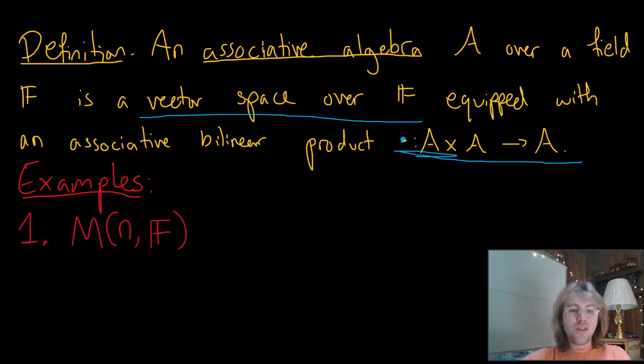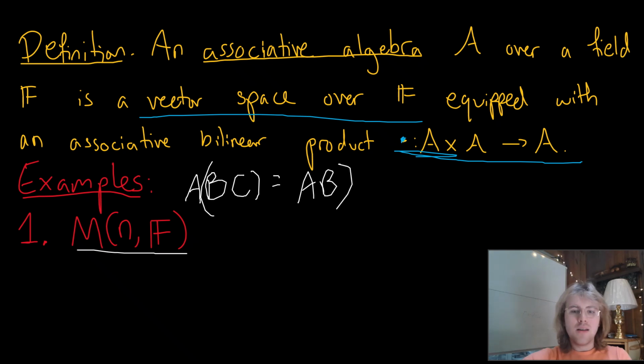Well, you can look at the set of n by n matrices over some field F, denoted M_n(F). This is an associative algebra with matrix multiplication, which is bilinear. You can take the product of two matrices, A times B, and it satisfies certain properties, such as (AB)C is equal to A(BC).